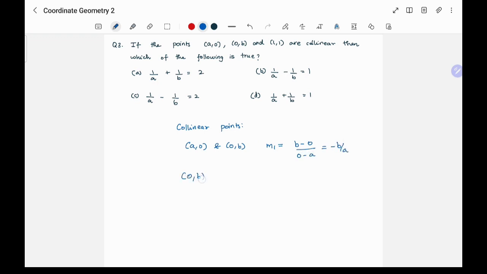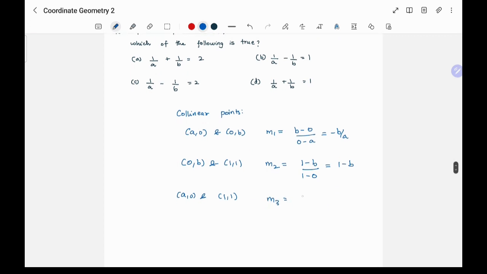And next 0, b and 1, 1. So this slope m2 is 1 minus b divided by 1 minus 0, which is 1 minus b. And third we have a, 0 and 1, 1, m3. So this is 1 minus 0 by 1 minus a, which is 1 by 1 minus a.